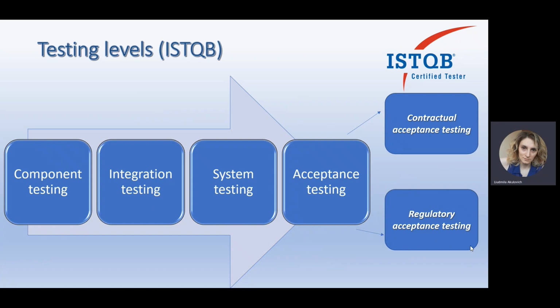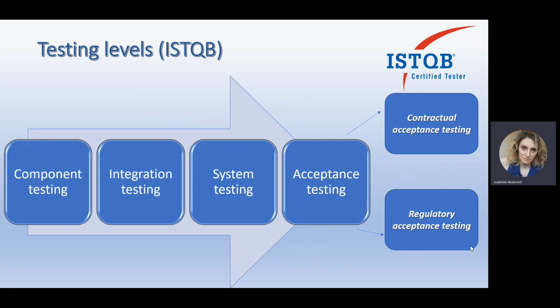One more division is into contractual acceptance testing and regulatory acceptance testing. Contractual acceptance testing is performed against the contract's acceptance criteria for custom-developed software. In this case, acceptance criteria should be defined, and it is often performed by users or by independent testers.